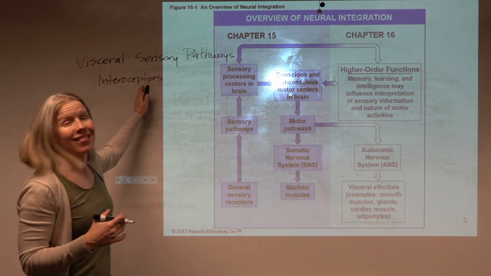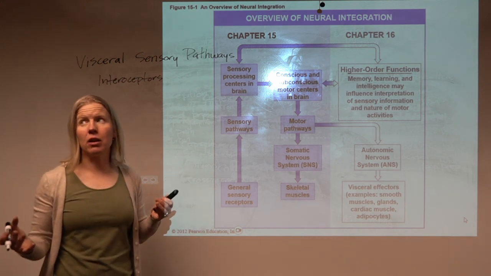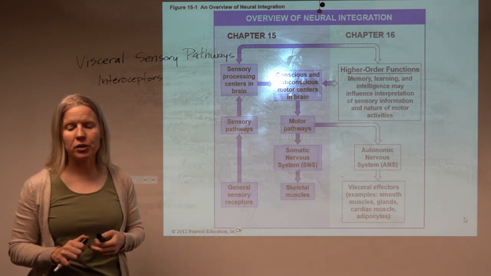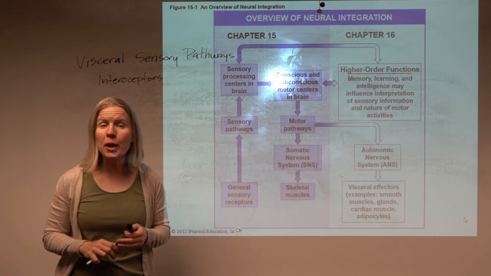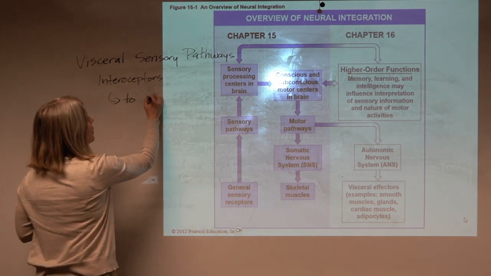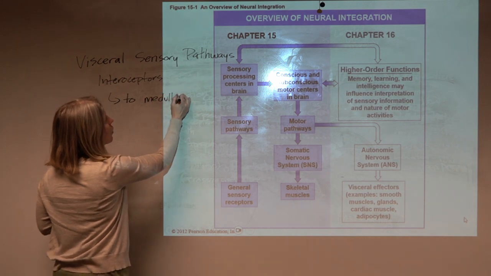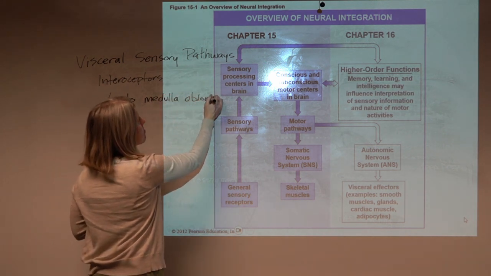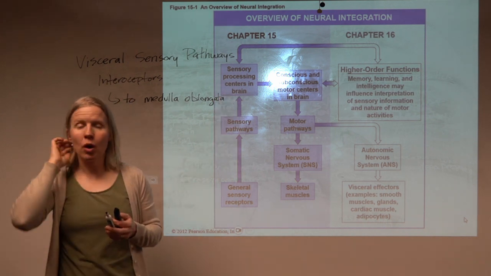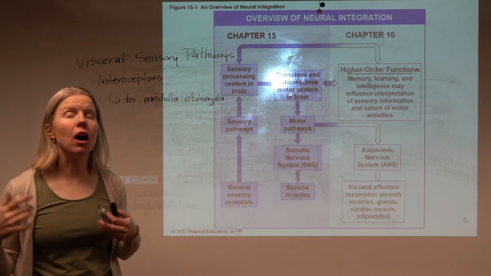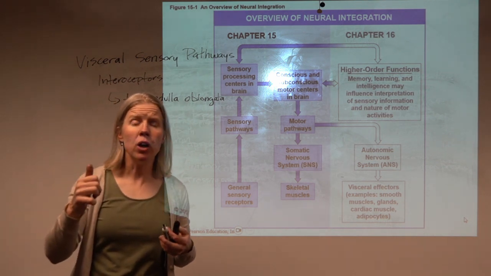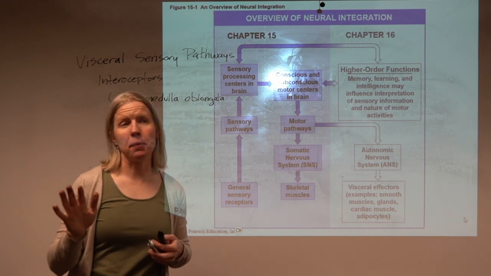They are less abundant, right, than we find, say, on the surface of our skin, our temperature receptors and those sorts of things. And this information is typically going to the medulla oblongata, right, where we make lots of different connections unconsciously. The medulla takes care of a lot of adjustments in the cardiovascular system, the respiratory system, etc.